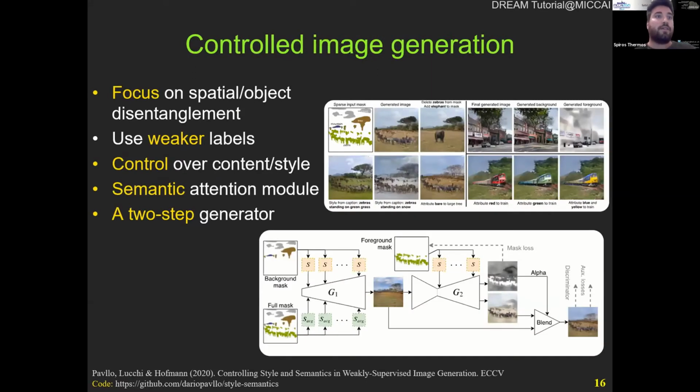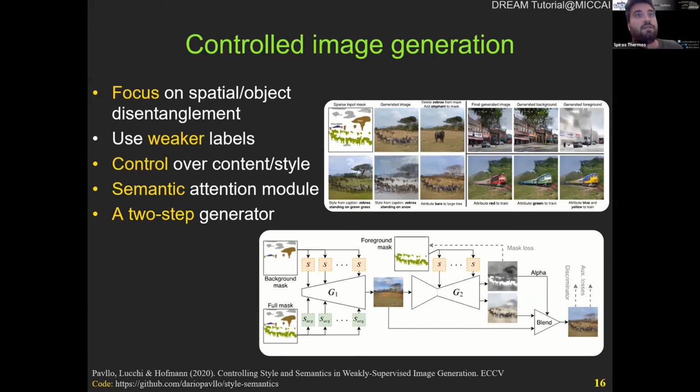So about some other applications, a very good example is image generation, specifically controlled image generation. The controllability part is based on the disentanglement.